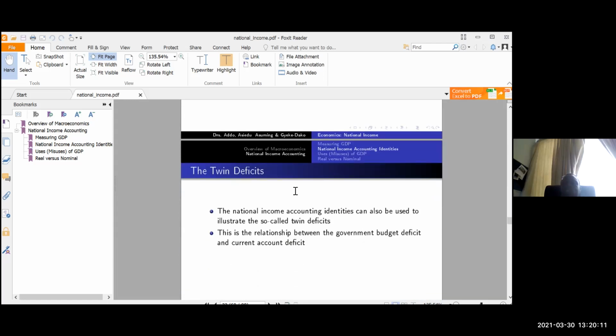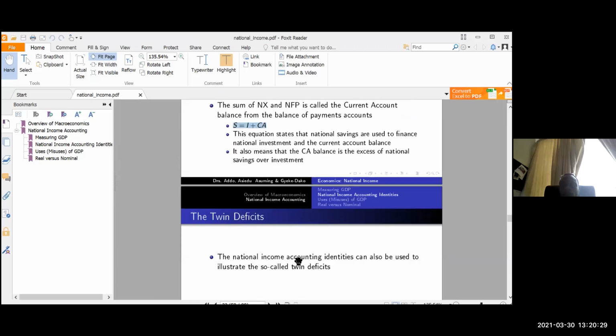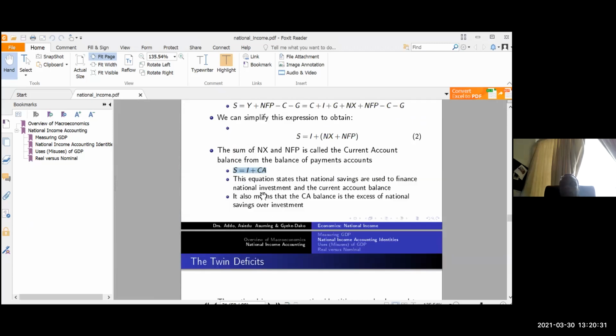This is the relationship between government budget deficits and current account deficits.